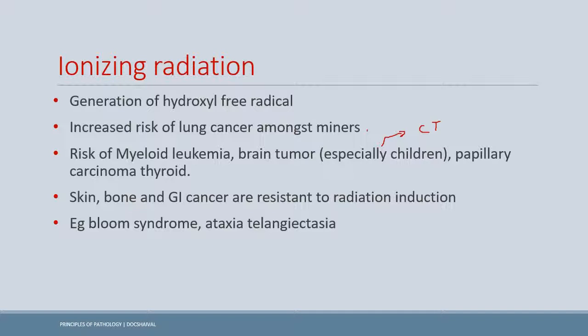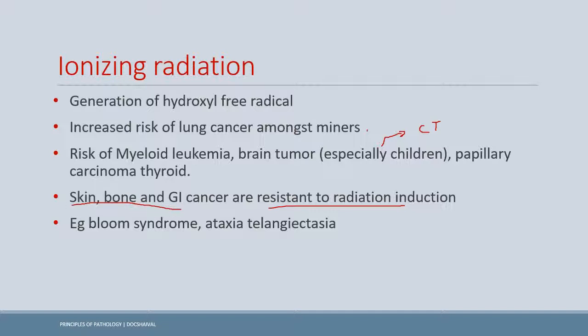Now the skin, bone, and GI cancers are particularly resistant to radiation. Obviously, we know that when we do X-rays or CT scans, the skin is exposed first, but still it's an exception that it isn't affected by ionizing radiation. So this thing you can remember.